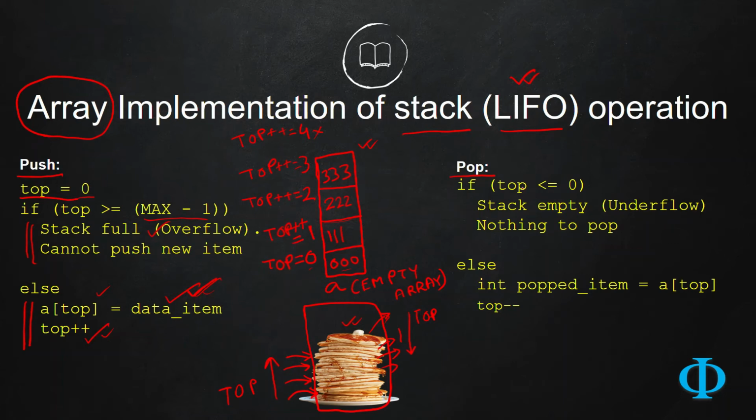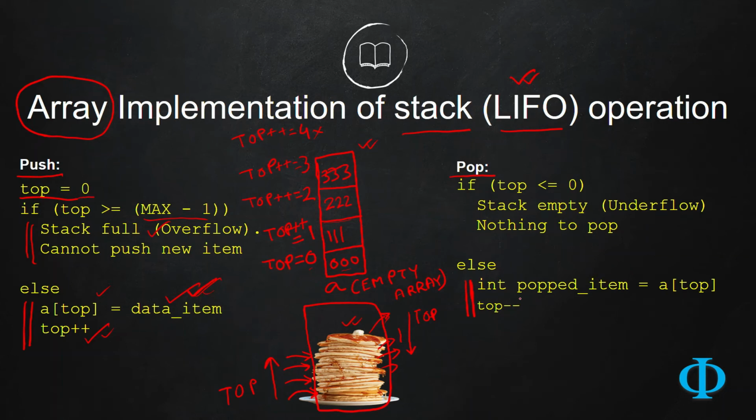Now the pop operation. After understanding the push operation, pop becomes very simple. It's just the opposite. Here in this else block, you can see the pop operation. So top is now 4. Whenever you want to pop an item, you have to save the top item in here. Whenever you save the item, you can do whatever you want with it.